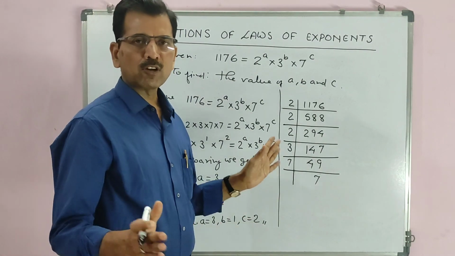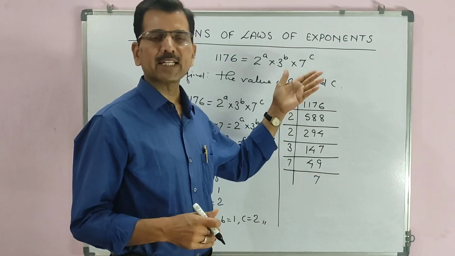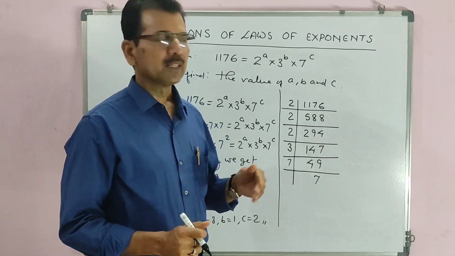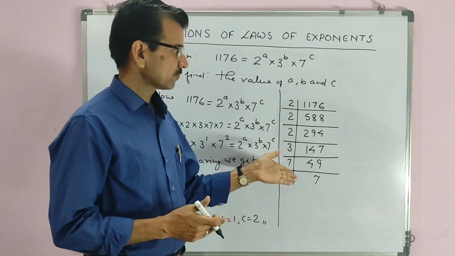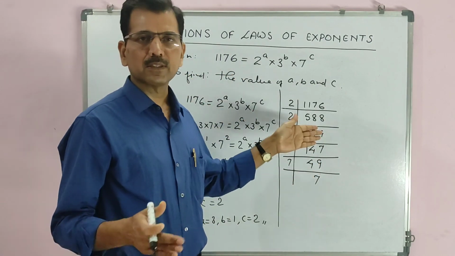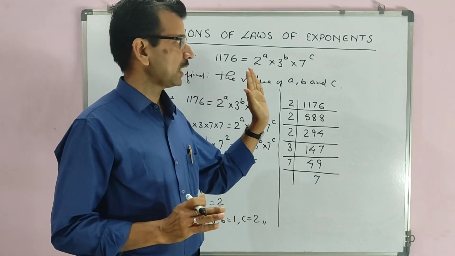Okay children, so I hope this question is clear to you, and if you get another question of this type, you will be able to solve it. I think in continuation some part of this chapter is left.